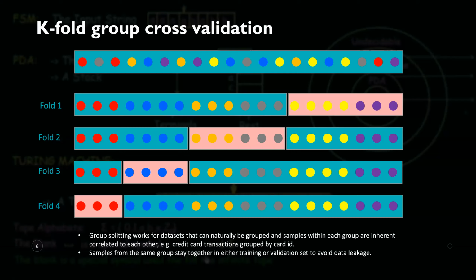But for customers we haven't seen before in the training data, the model would become less accurate. So in order to get a more trustworthy validation result, we want to keep the credit card transactions from one customer either in the training data set or in the validation data set.